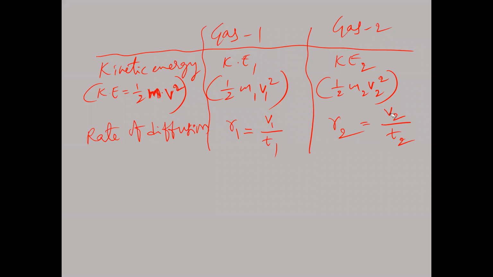So what is rate of diffusion? It is the volume of the gas diffused in unit time. In 1 second, how much volume of the gas is diffused is called the rate of diffusion. That is R1.